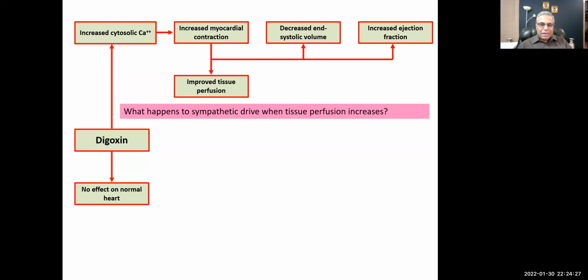When the tissues don't get enough blood, they send messages to the brain, and the brain, through the sympathetic nervous system, tries to stimulate the heart, tries to increase the cardiac output, right? So when the tissue perfusion increases, the sympathetic drive is going to decrease, right? And the next question is, what happens to systemic vascular resistance when the sympathetic activity decreases?